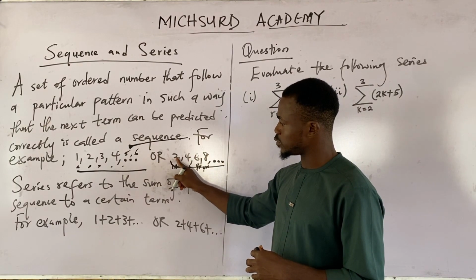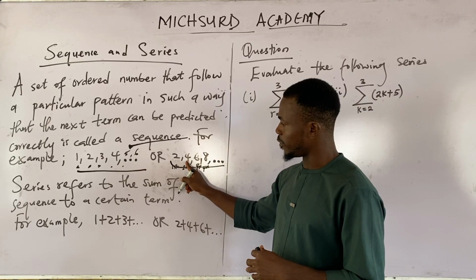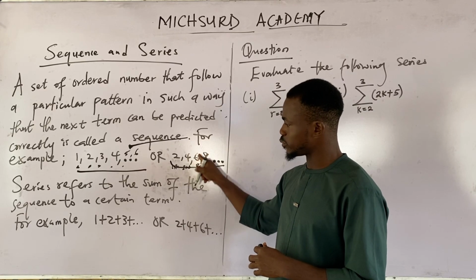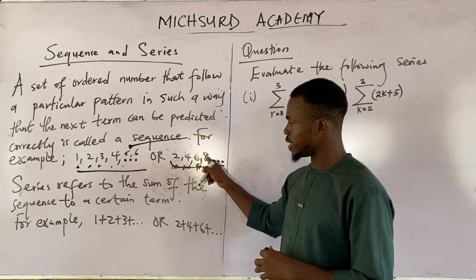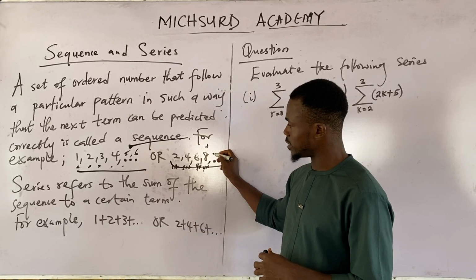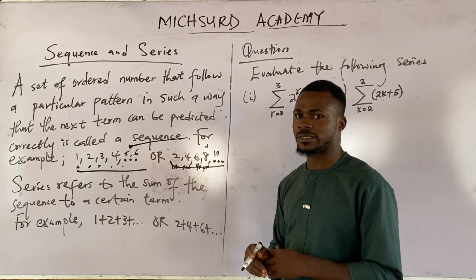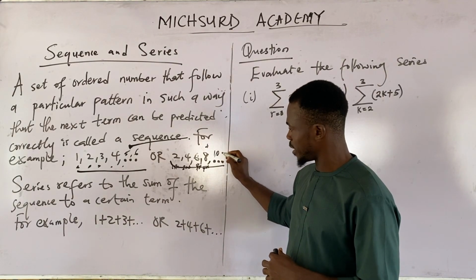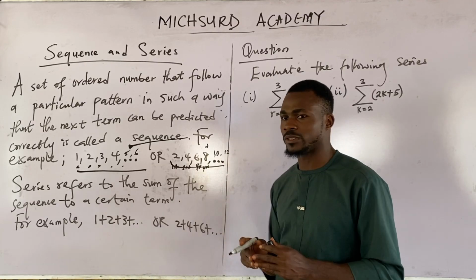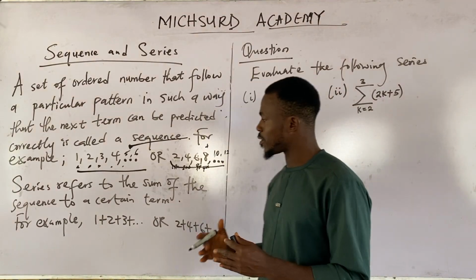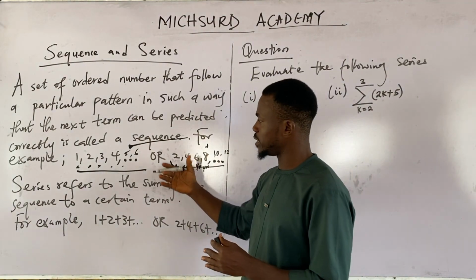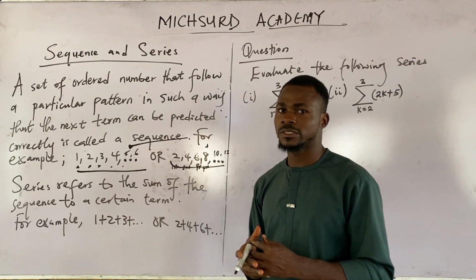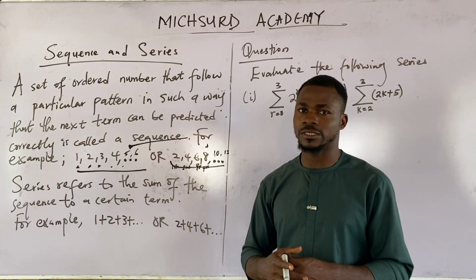We start with 2, then we add 2 to get 4, add 2 to get 6, add 2 to get 8, and if I add 2 to 8, I can predict that the next term is 10. If I add 2 to 10, the next term is what? 12. So we can tell the corresponding terms of a sequence. That's why it's called a sequence.